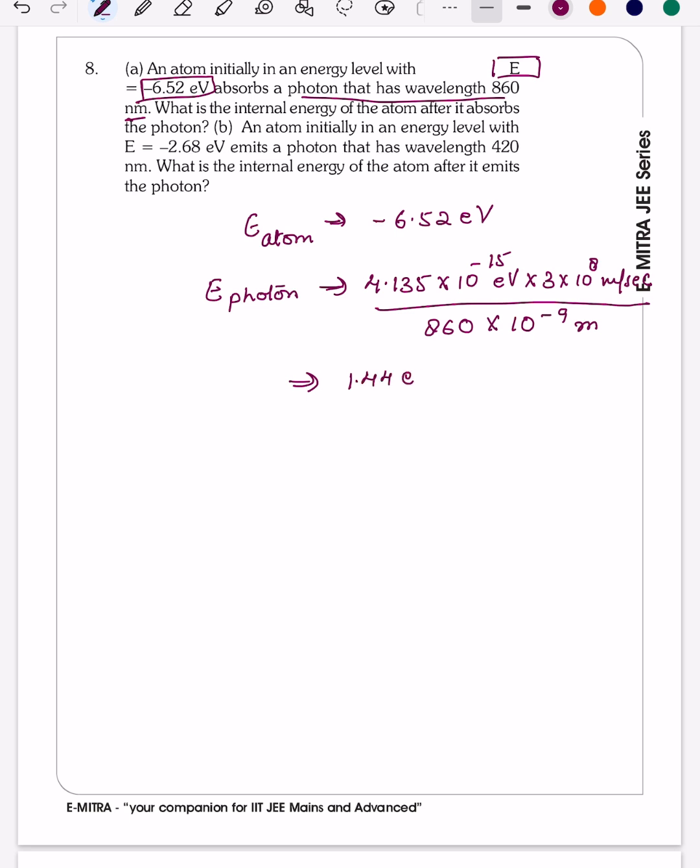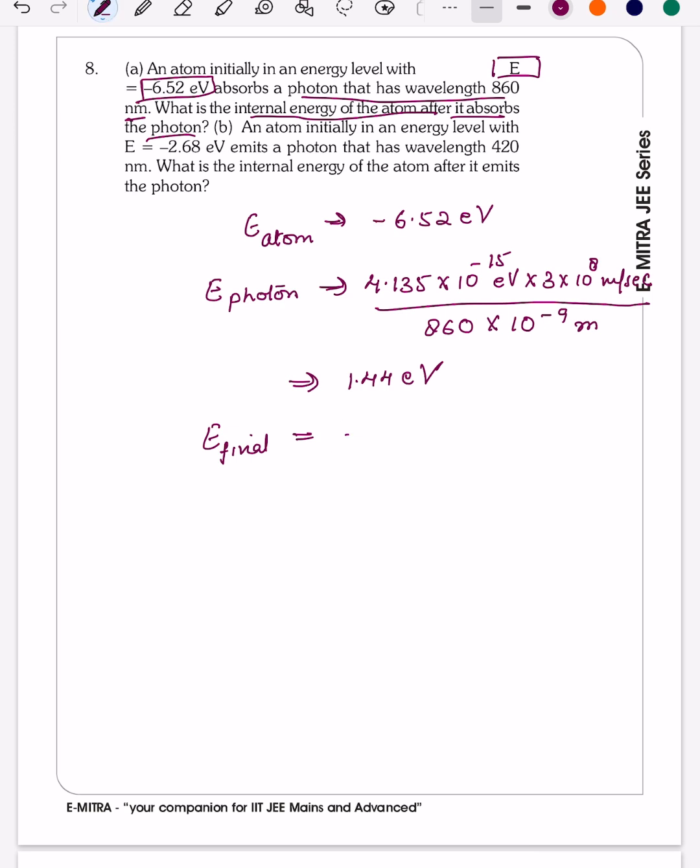1.44 electron volt. Then it was asking what is the internal energy of the atom after it absorbs the photon. So it has absorbed this photon, then what is its energy? The final energy will be equal to the energy of the atom plus the energy of the photon.